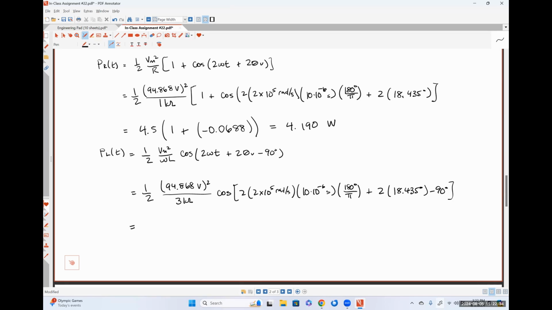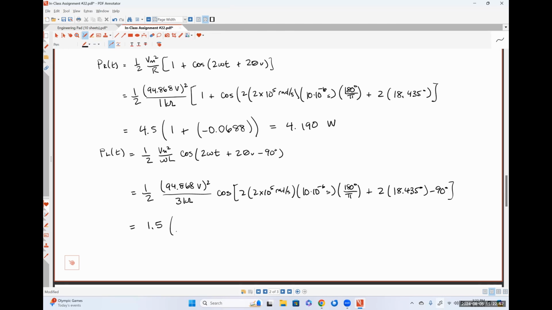And just tossing this in my calculator. So I get 1.5 for that first bit. Now I'm doing all of the cosine stuff.